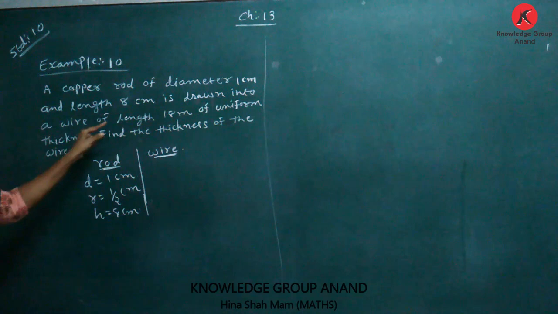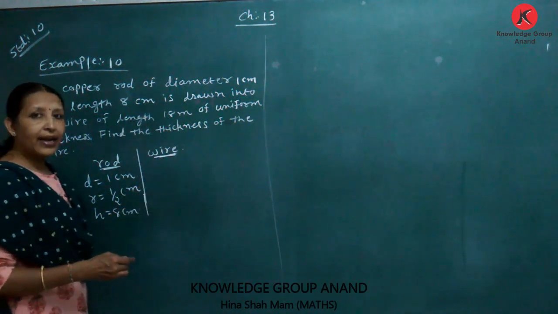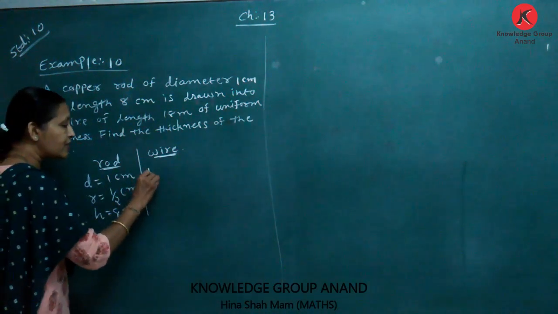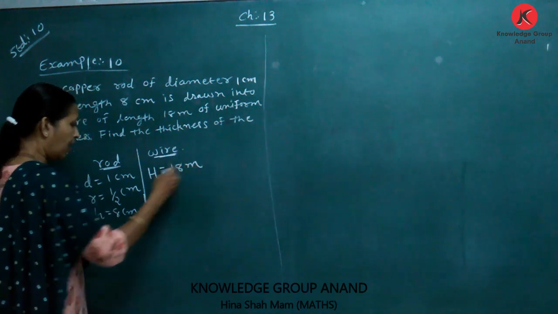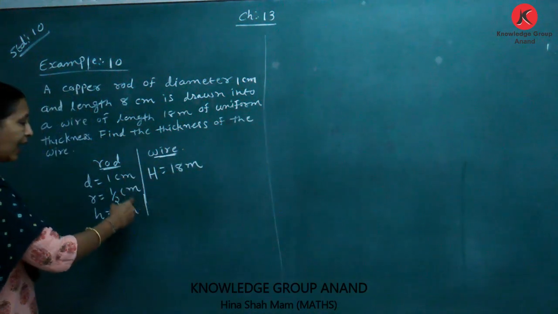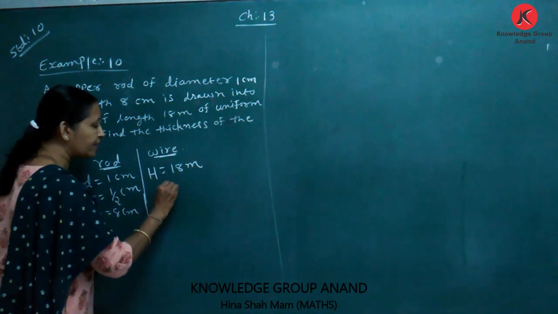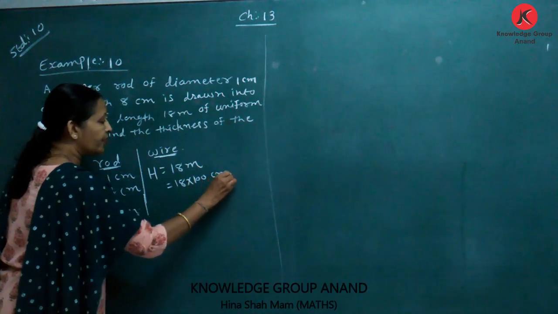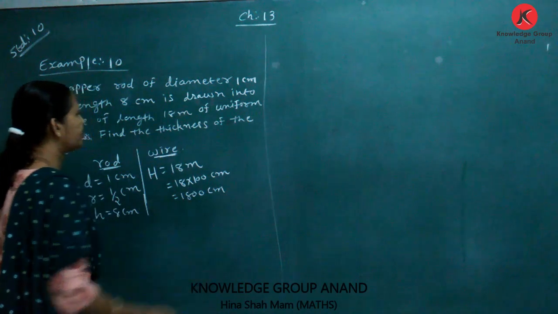It is drawn into a wire of length 18 meter. The length of the wire is its height, denoted by capital H, equal to 18 meter. All terms should have the unit centimeter, so we convert: 18 into 100 centimeter is equal to 1800 centimeter.